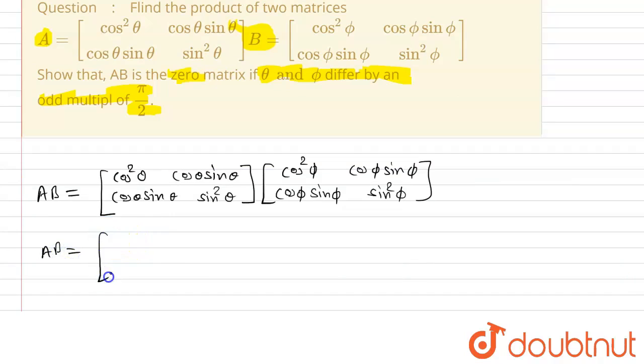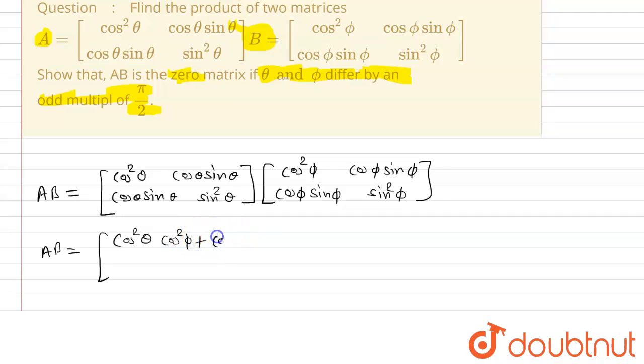So the first element will be cos square theta multiplied by cos square phi plus cos theta sin theta multiplied by cos phi sin phi.